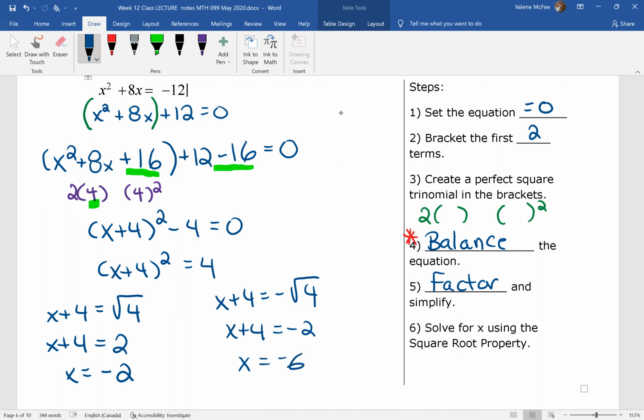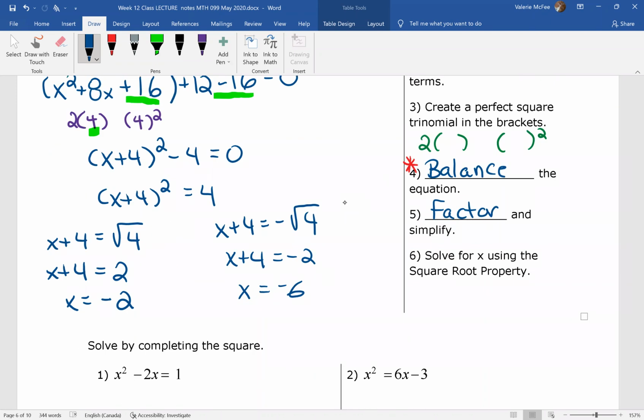When you get nice integer answers like this, it tells you you could easily have factored this equation to solve it, but we wanted to practice using the square root property. So again, 2 solutions. If you're asked to separate them by a comma with x equals, there it is. If you're given brace brackets and asked to separate your answers by a comma, there that is.